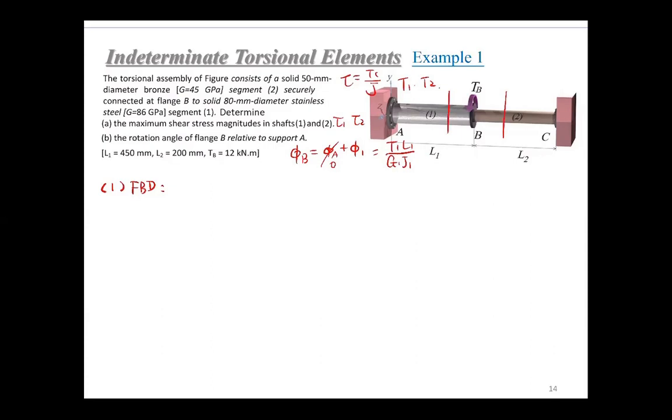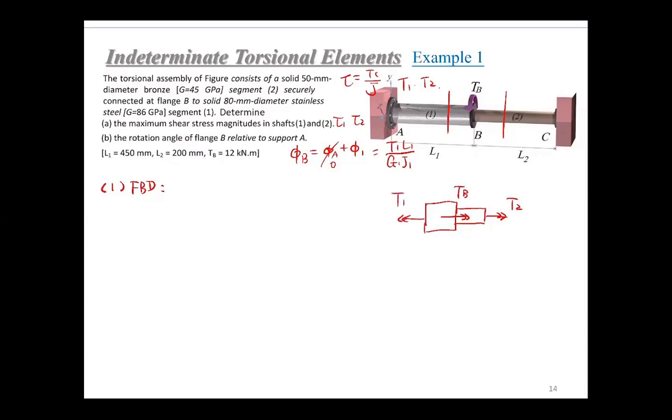Cut it from here, so you will get a bigger section and a smaller section. By the right-hand rule, TB will be pointing right. TB here, T2 here, T1 here.